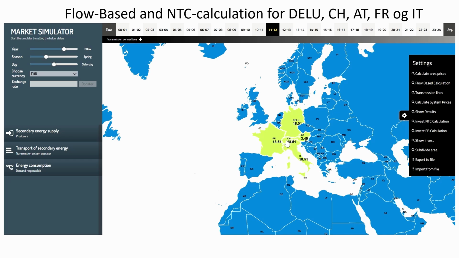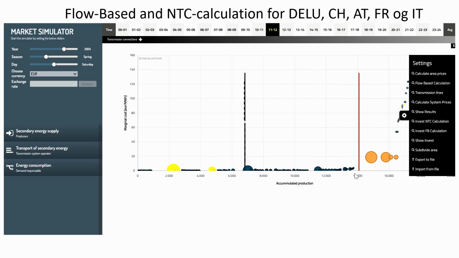If I click here on Switzerland, you can see that this is the demand in Switzerland, and this here is the production. So this nuclear power plant is the price setting unit in Switzerland when we do a normal trading capacity calculation.